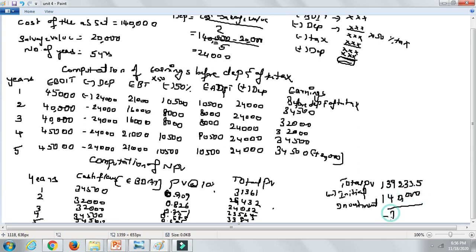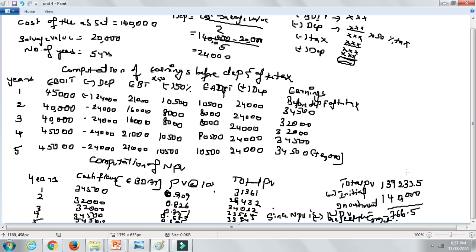So minus 766.5 is your NPV. So what are you going to write down? Since NPV is negative, reject the project. Okay, so this is what it is.